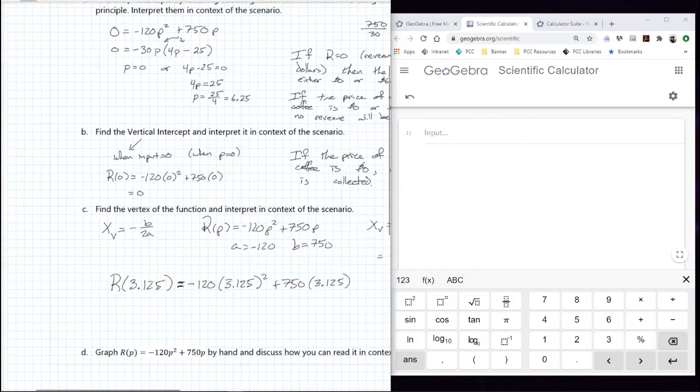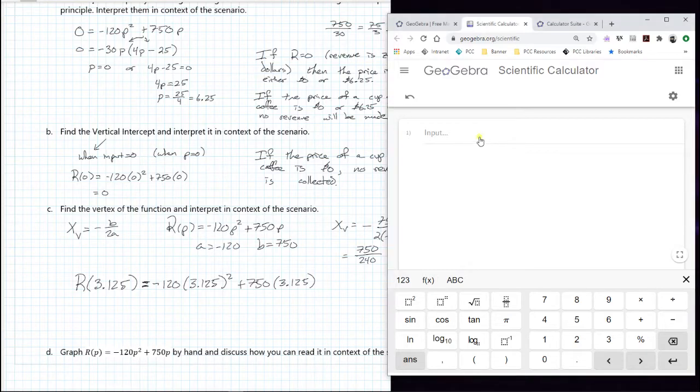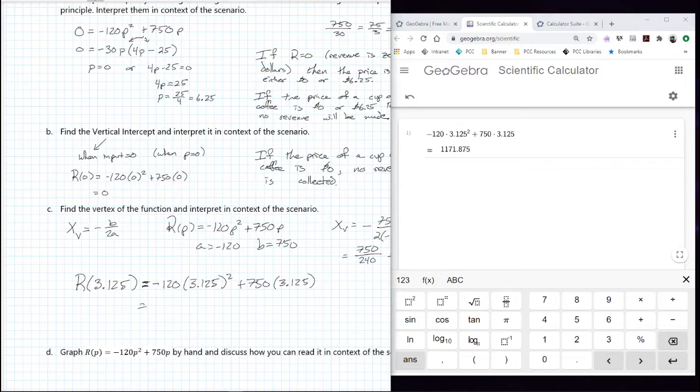So our input is going to be negative 120 times 3.125 to the second, and then we'll go plus 750 times 3.1, whoops, back up, 0.125, and we get that this equals 1,171.875.